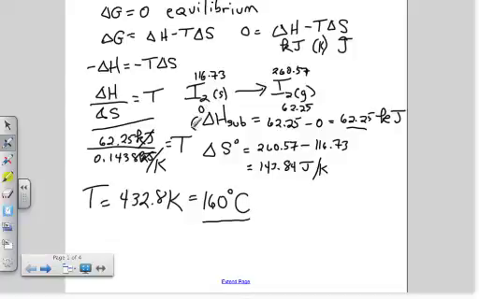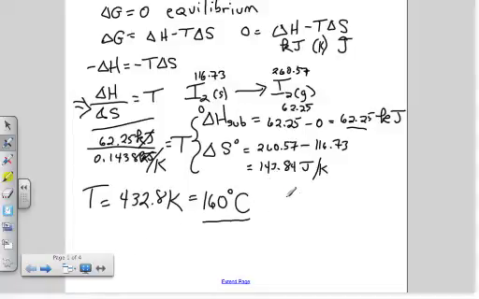The assumption we made here was that when we calculated delta H and delta S, we were calculating those at standard conditions, and so we're assuming that that still holds when we put it into this equation, that delta H and delta S aren't changing at 160 degrees. Okay, so last thing we need to do is the B part, and that is use a reference source such as WebElements to find the experimental melting and boiling.